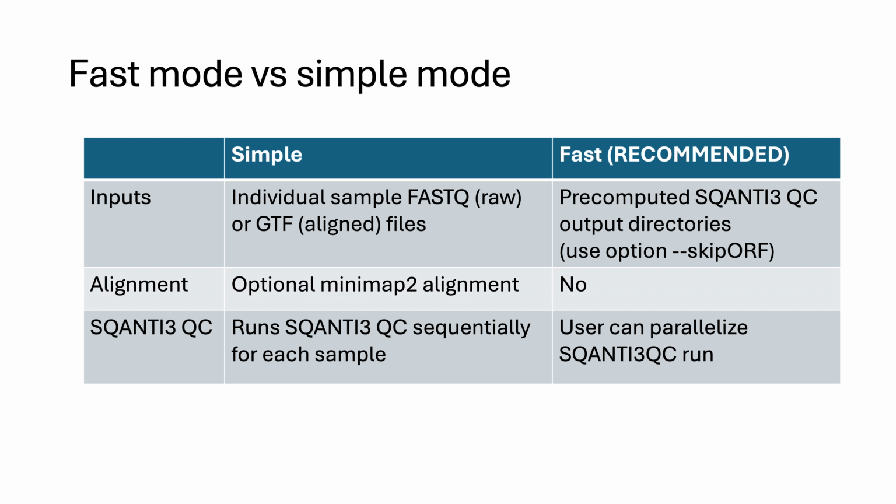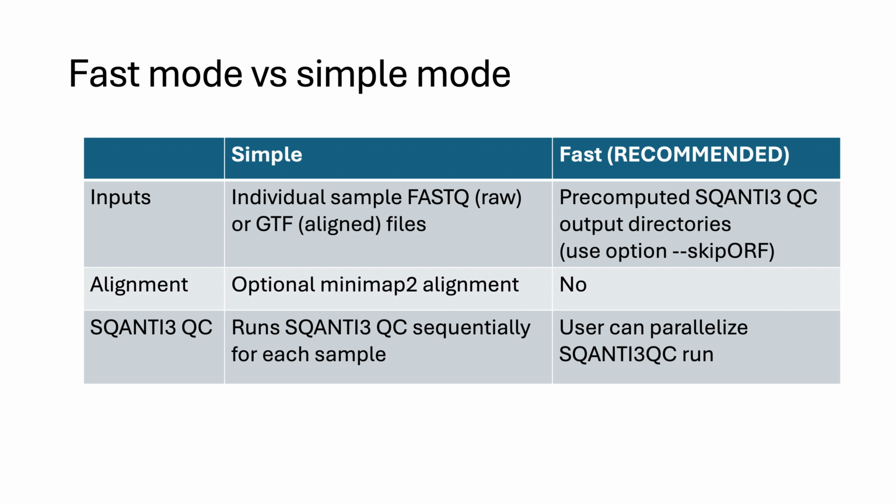Earlier I mentioned that SQANTI-reads can be run in simple mode or fast mode. Now, I want to go into more detail because this choice really affects how you can set up your analysis. Fast mode assumes that you've already run SQANTI3QC on each sample. The advantage here is that you can parallelize those runs using your system scheduler, for example, Slurm, GNU Parallel, or whatever you prefer.